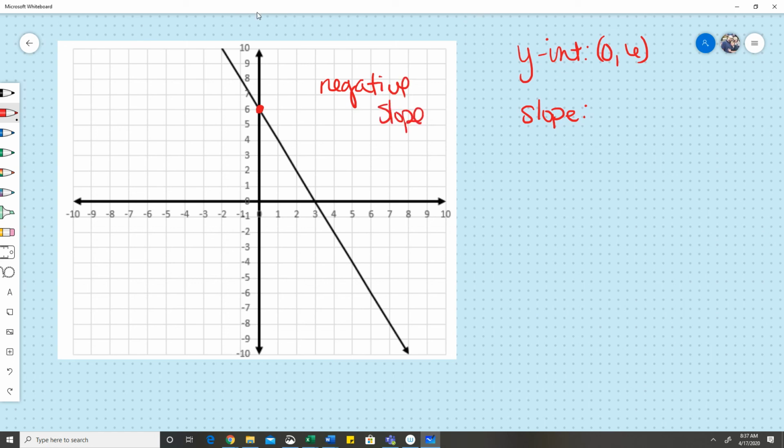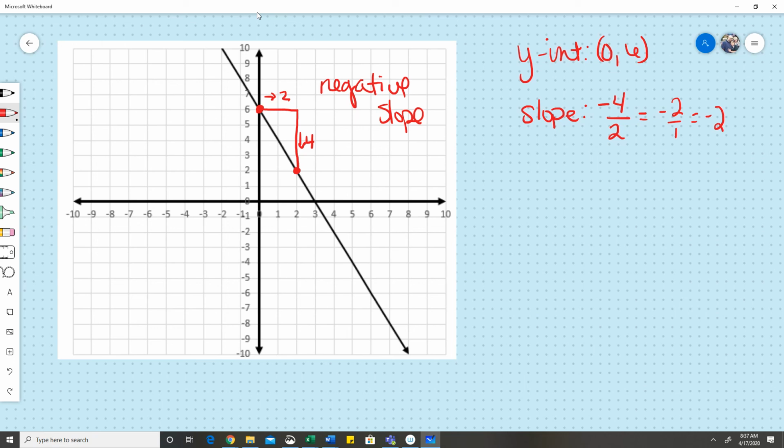To get to another pretty point, we're going to go right 2, and that's a positive direction. But then we're going to have to go down 4 to get to that point. When we go down, that's a negative direction. So that's where our negative is going to come in. So -4 over 2, and that's going to simplify to -2/1, or just -2.